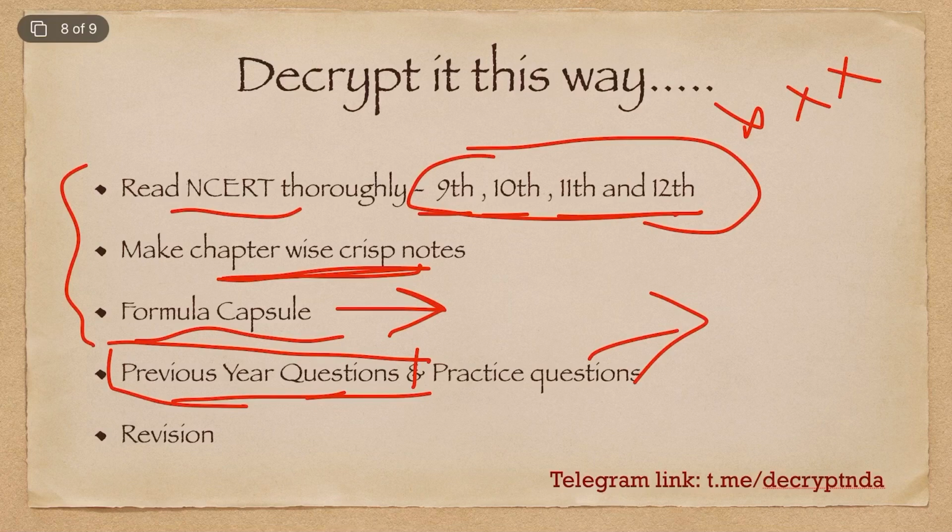After that you try some practice questions from some guides or textbooks, and after that you have to revise. While revising, you may just go through the important parts of the NCERT textbooks, but you should keep your chapter wise notes along with you, and also the formula capsule.